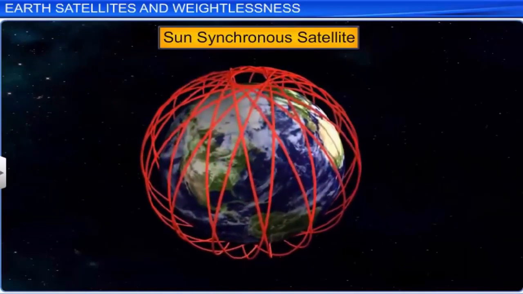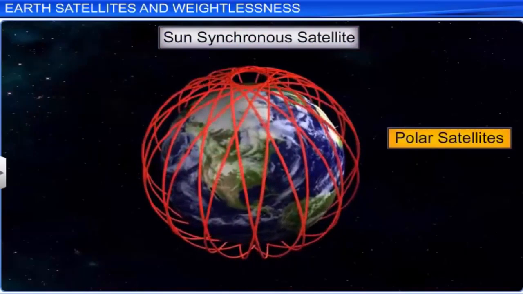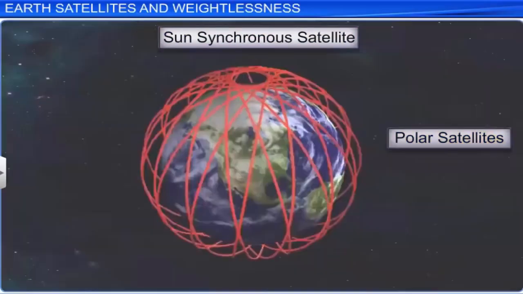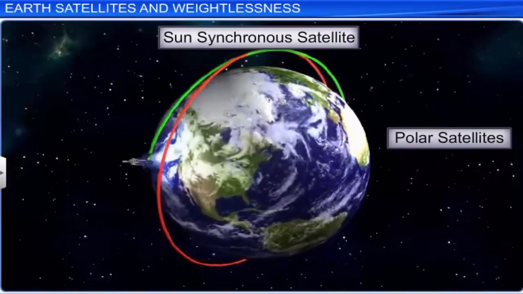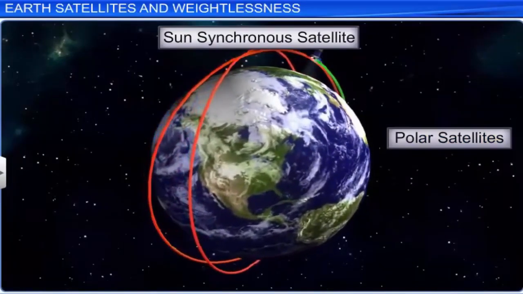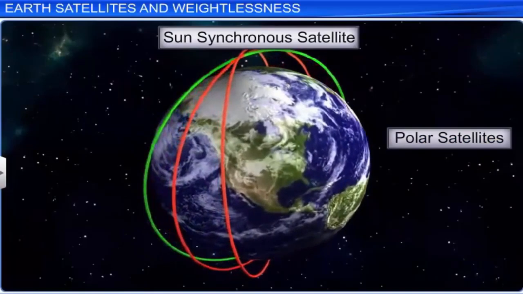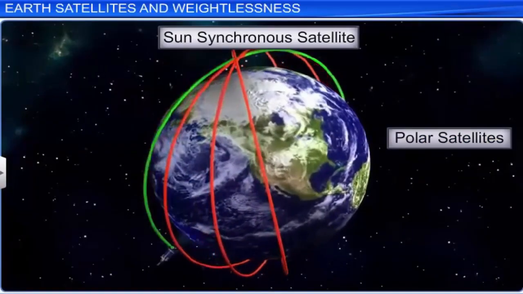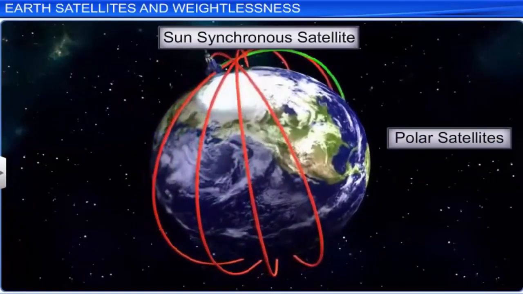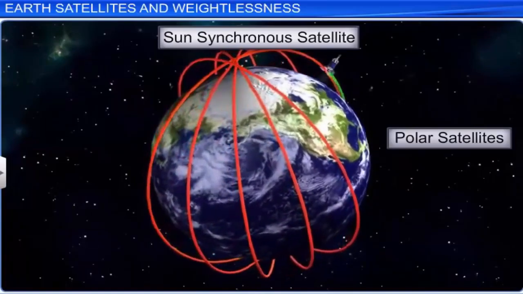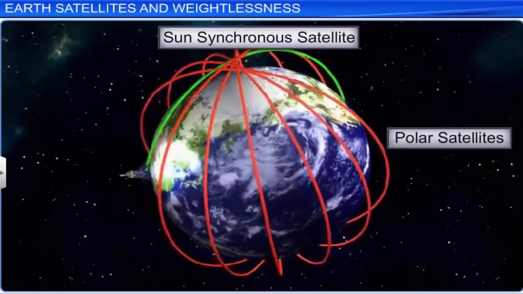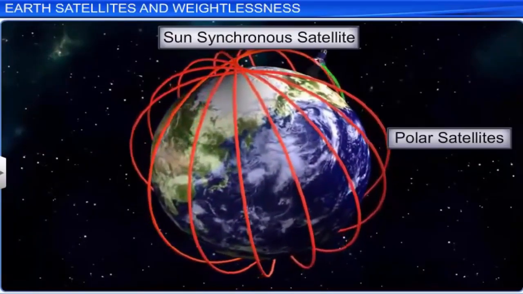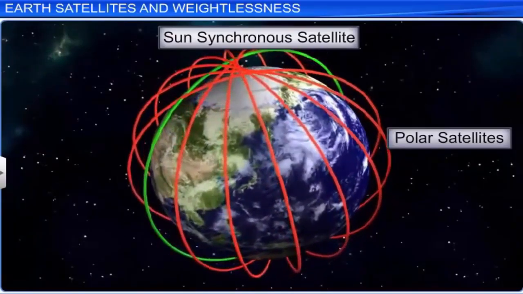As the altitude of a polar satellite is less, a camera fixed to the satellite can scan only a small strip of the Earth in one revolution. For the next revolution, as the Earth rotates on its axis, the adjacent strip of the Earth is scanned. Thus, in a single day, the whole of the Earth is scanned in a series of strips.